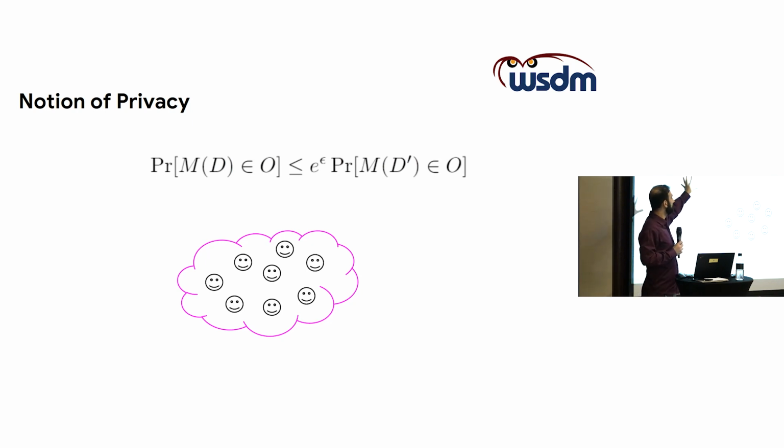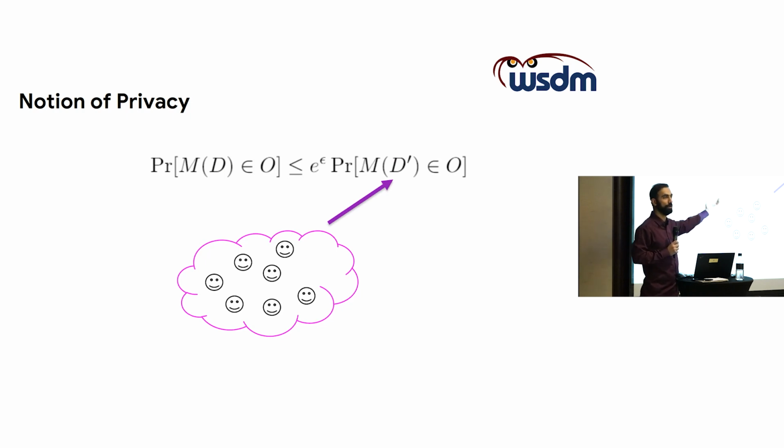The probability that this output is in a specific subset, for any subset, should not change when we change the data set. So if we remove one user from D, it's going to be D prime. In the perfect world, these two are equal.